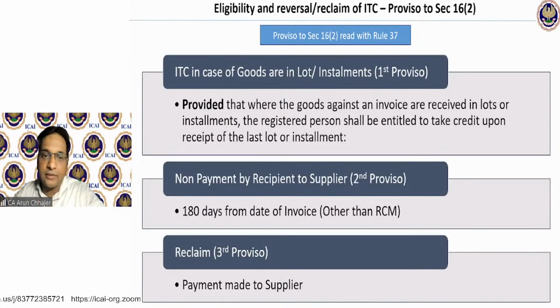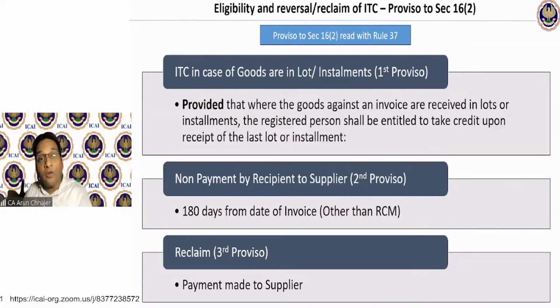Non-payment of invoice, including taxes, by the recipient to the supplier within 180 days. So if I'm a recipient and you are a supplier, you have raised the invoice to me, I have taken the ITC, but the payment by me to you has to be made within 180 days. If I have not made it, then whatever ITC I have claimed, I have to reverse along with interest.